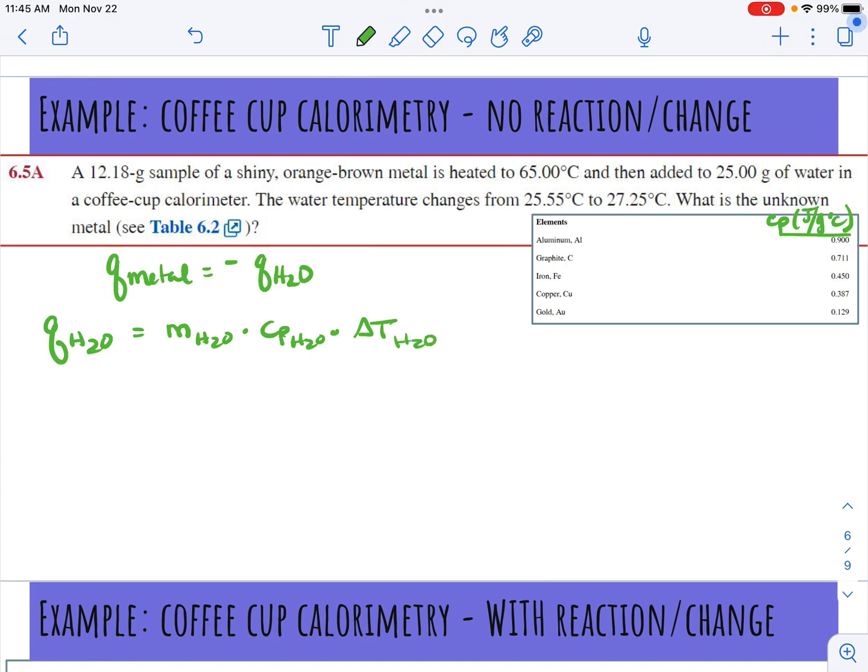All right, so all three of those values have to be about the water, and then I can translate it backwards to the metal. So let's do this really quickly, where Q of the water equals the mass of the water, which was 25 grams, times the specific heat capacity. This is liquid water, so that's 4.184 joules per gram degree Celsius. You should probably know that value.